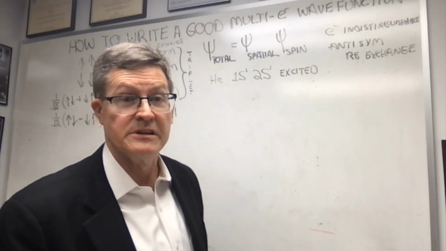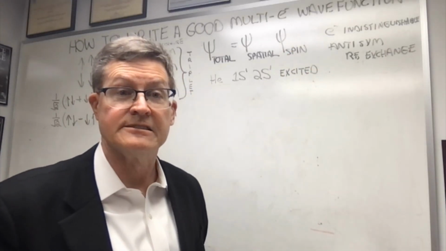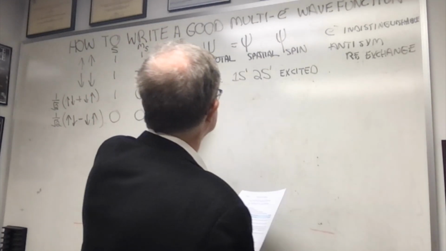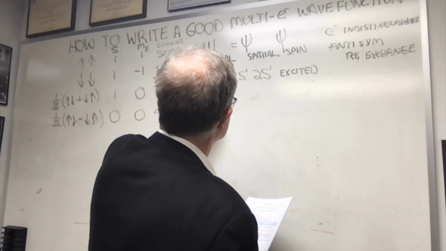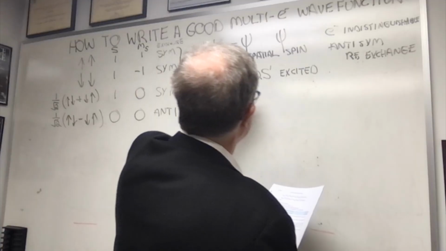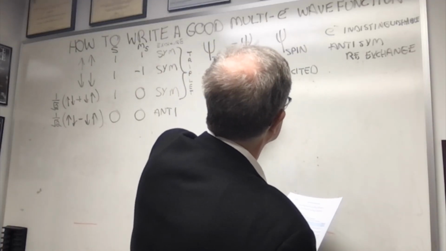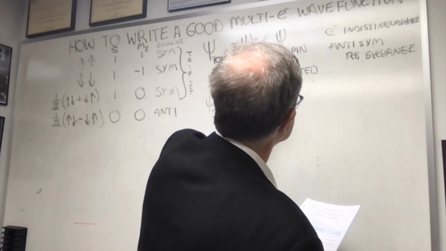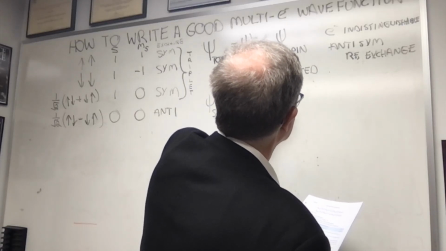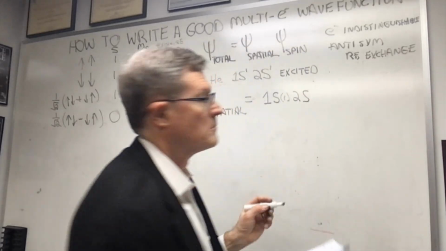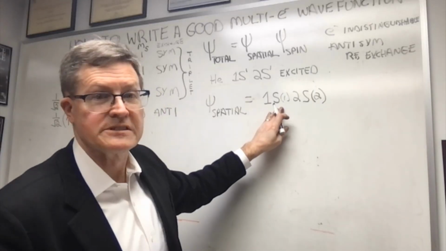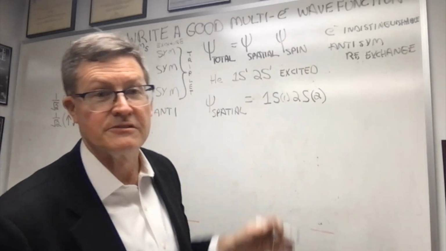The electrons have to be indistinguishable, overall antisymmetric with respect to exchange. Let's write the spatial part. The spatial part, right, we're going to have a 1s electron and a 2s electron. But again, we don't know which one is electron 1 and which one's electron 2 because they're indistinguishable.